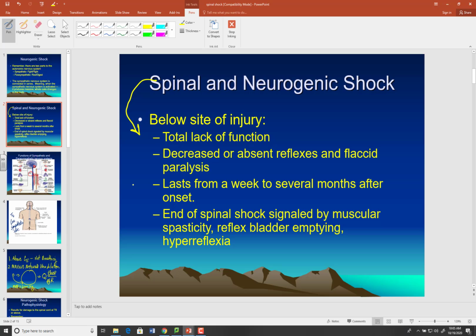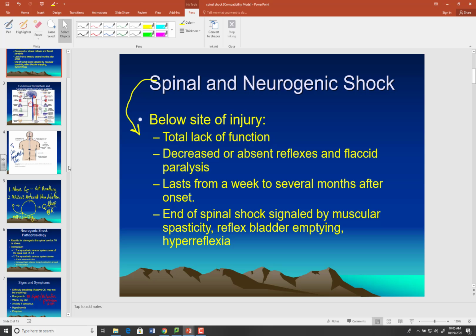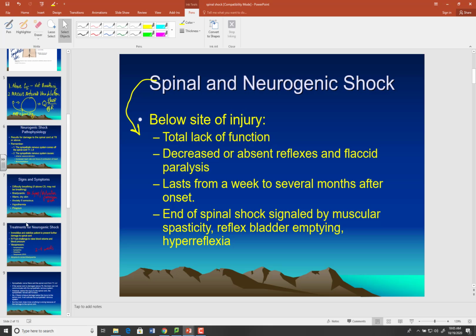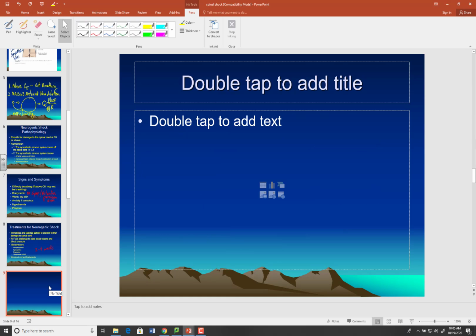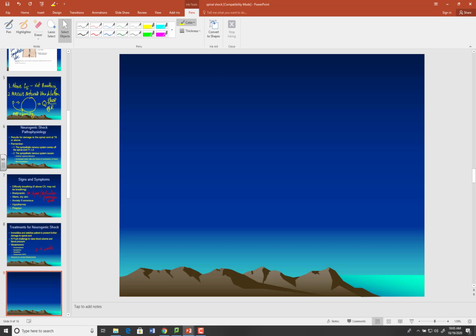Now, the other thing too is remember that when a person has a spinal cord injury and they go into spinal shock and or neurogenic shock, that they're going to get that venodilation. All right, so all the veins of the body, and remember, the veins store extra blood.